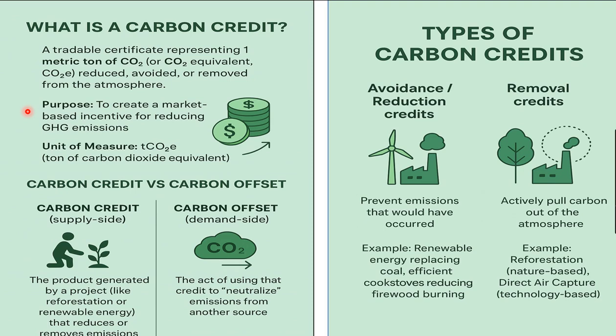So shares, the stocks in the stock market, they can be traded, right? Somebody will buy them, and then maybe after a year or so, he will sell it to other parties. So these are the trading that goes on. Similarly, carbon credits are traded.